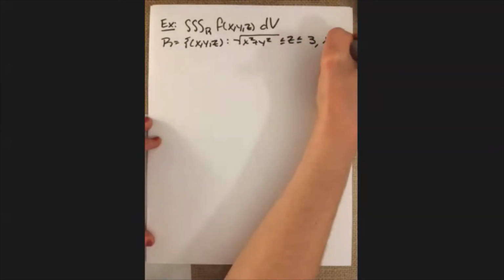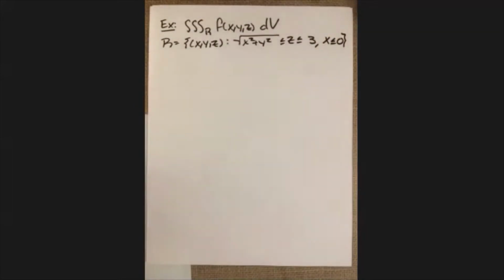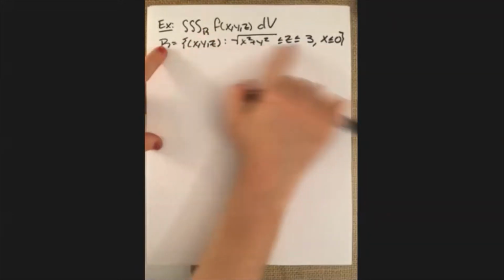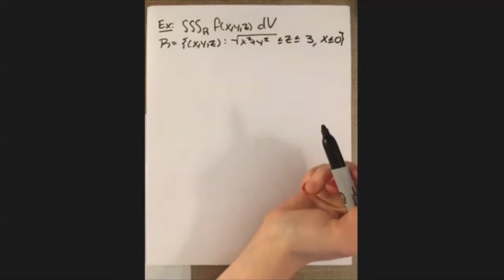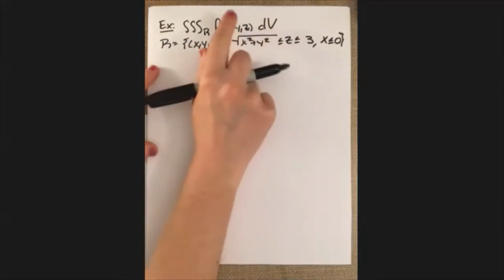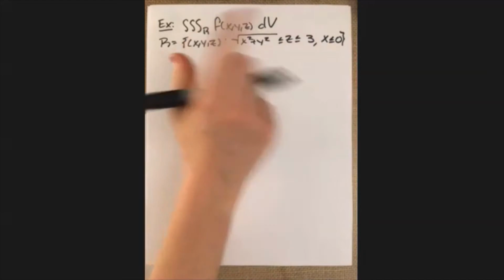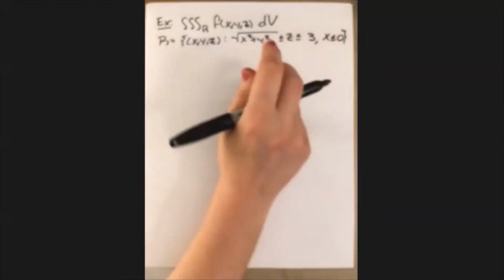And we have that x is less than or equal to 0. Okay. So we're really just going to focus in on converting this region. And we're not going to worry too terribly much about what that function is there on the inside. We're just going to look at what needs to happen with the region here.